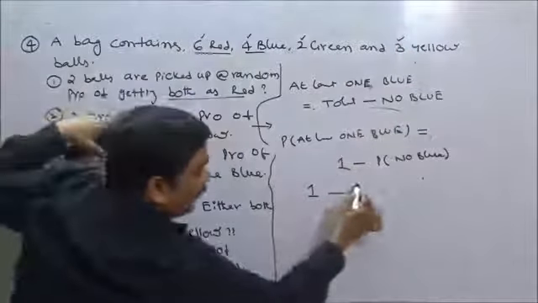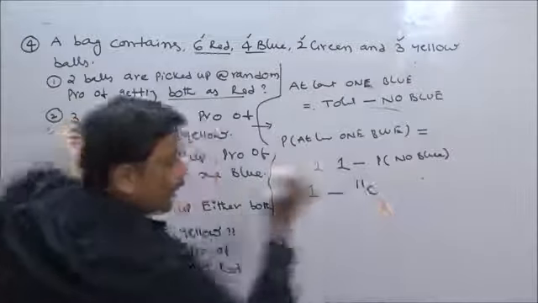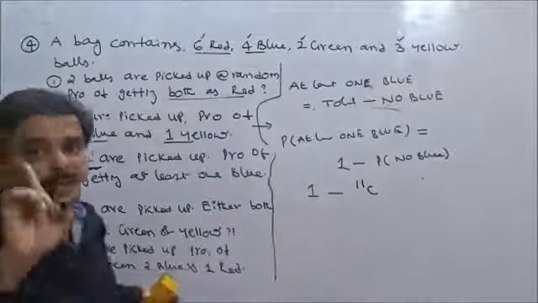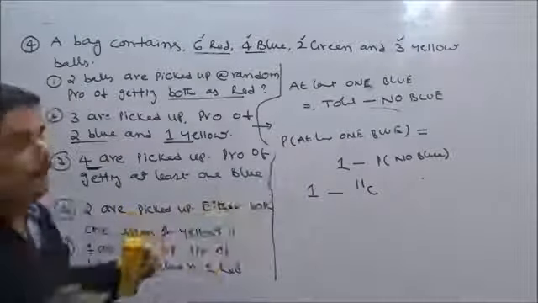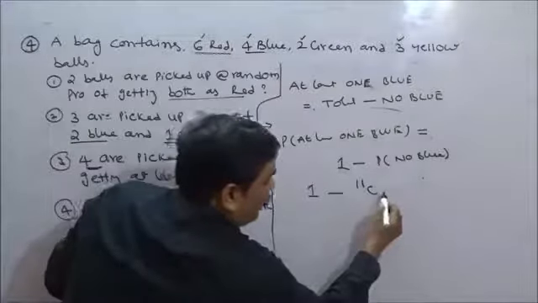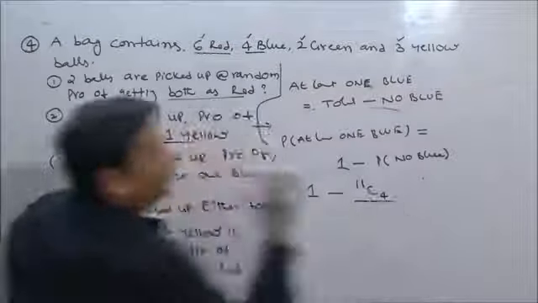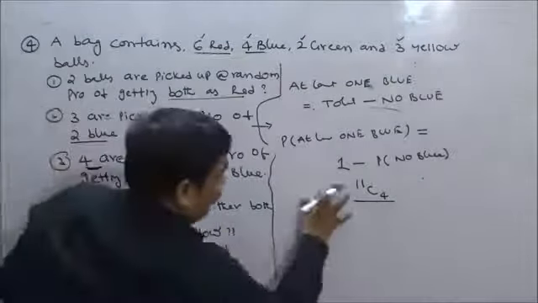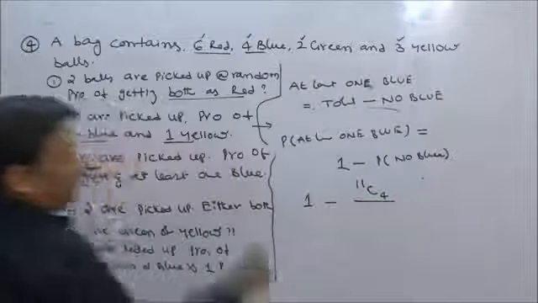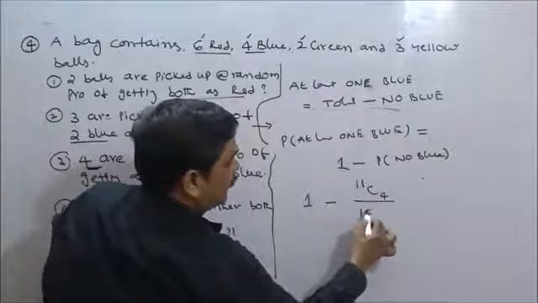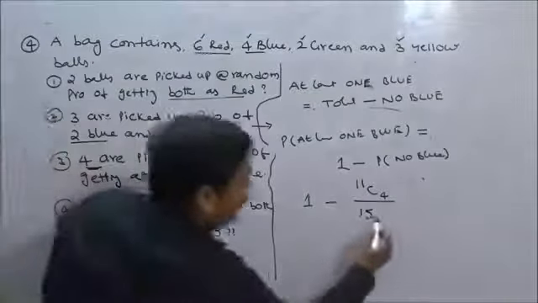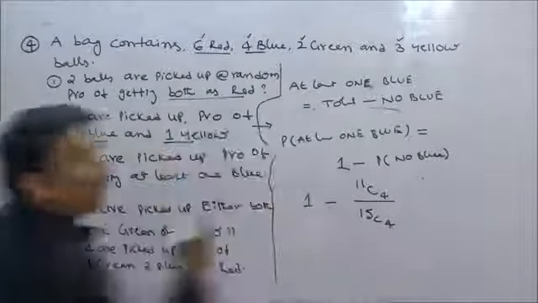Now it should be 11 combination, and 4 because 4 are picked up. So no blue is 11 combination 4, divided by the sample space 15 combination 4, and I am writing here 1 minus.